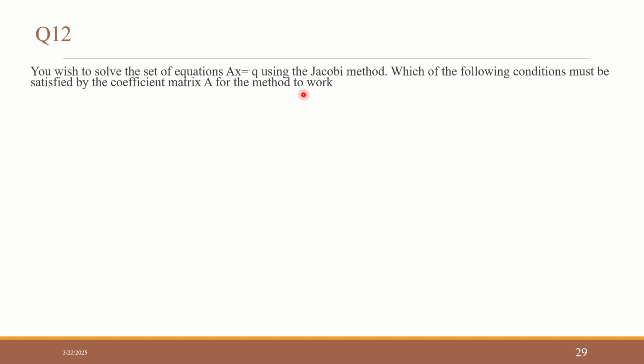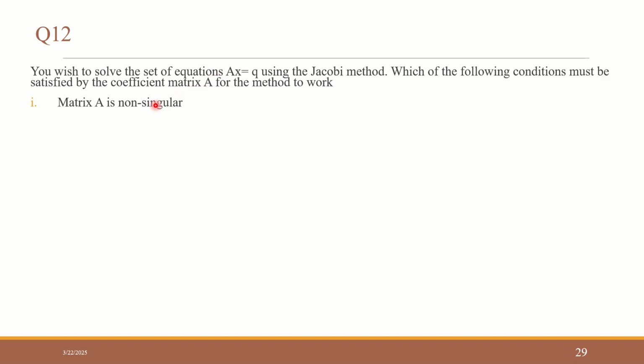So what is the Jacobi method? It is similar to the Gauss-Seidel method, only that in Gauss-Seidel you will be updating the values, whereas in the Jacobi method it will use values from the previous iteration. So since it is similar to Gauss-Seidel, what is a must? The diagonal dominance condition is a must for the Jacobi method.